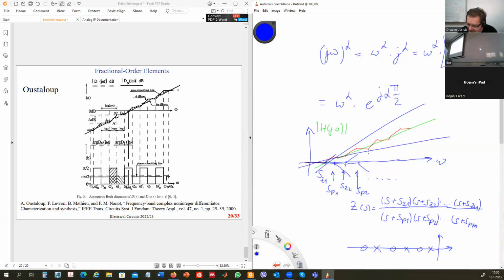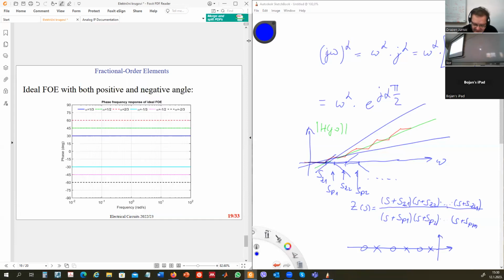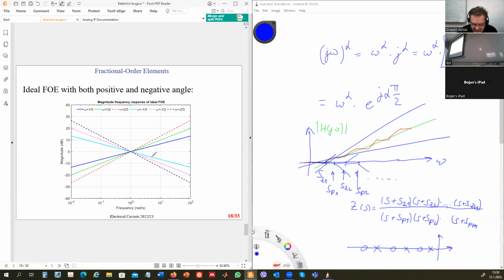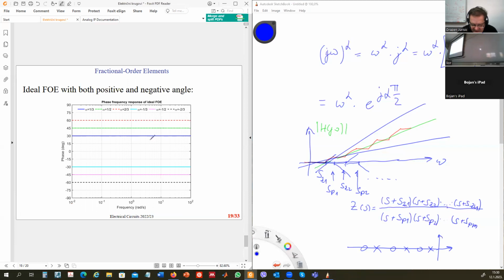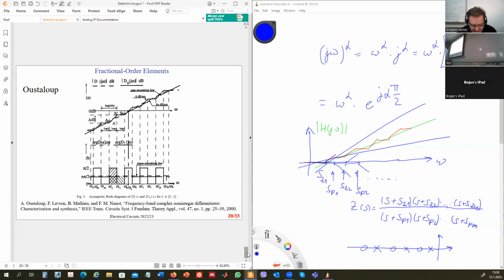So approximately, as this red line, you will form the amplitude frequency of the fractional order element, or you will obtain the corresponding phase of the fractional order element. This is all plotted in this paper of Ostalup, and you can also look at the phase characteristic here. But I just wanted to show you the principle.